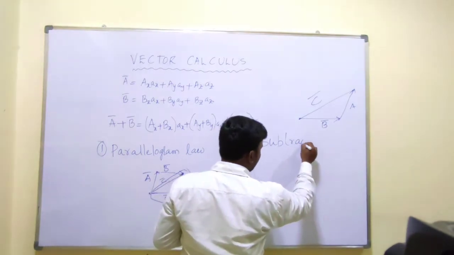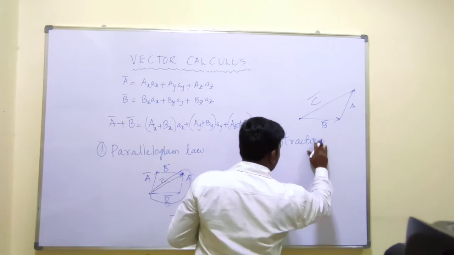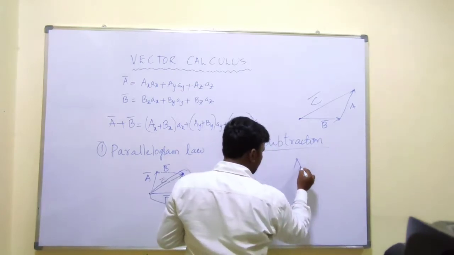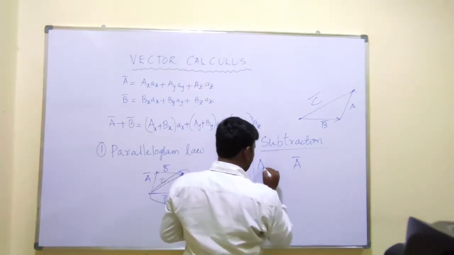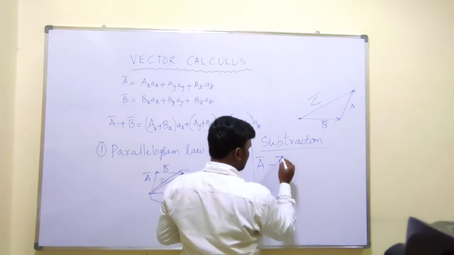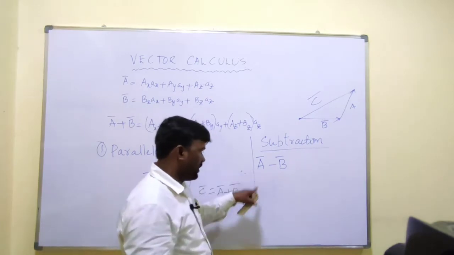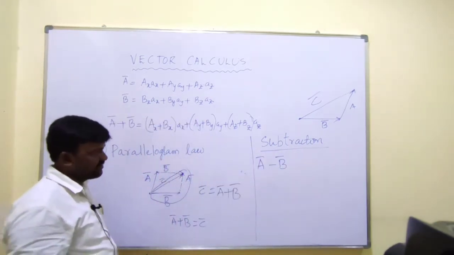Subtraction of two vectors. Let us say a vector is represented like this, it is a bar, and another vector is b bar. Then subtraction is like this. How can we perform this? We can perform this subtraction by using the addition law.